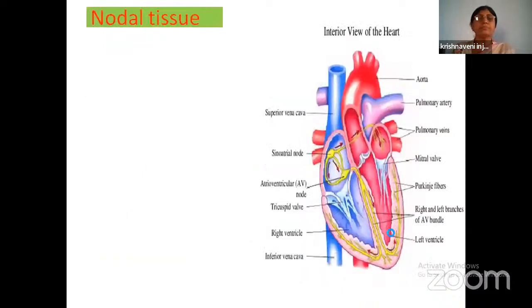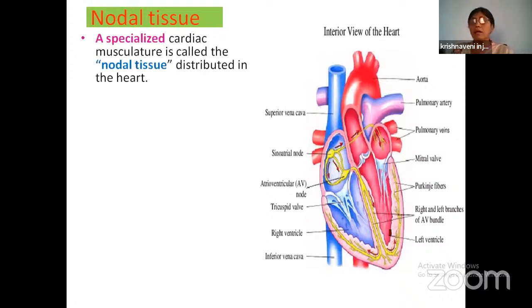Next, another important specialized structure is there in the heart. So far we have discussed the chambers, the openings and the valves. Now we can discuss the specialized structures in the heart.